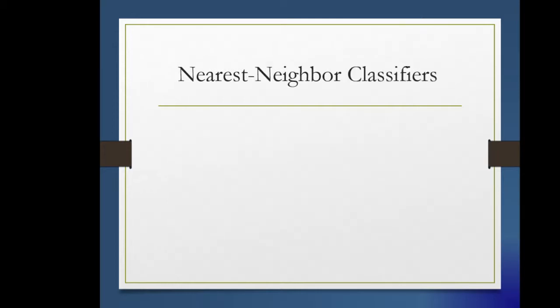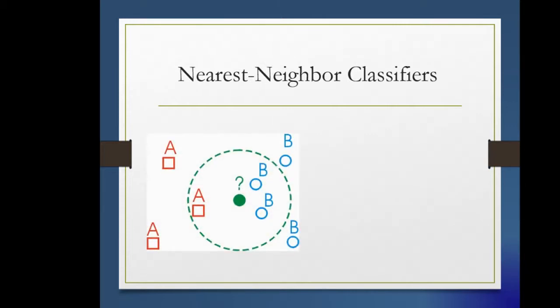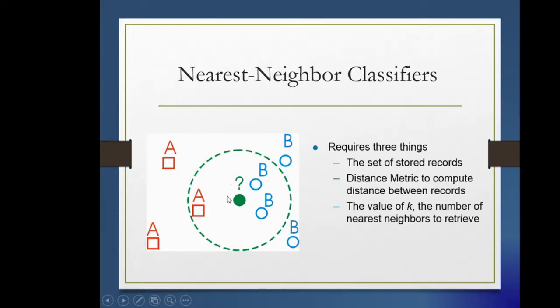How does the K-nearest neighbor classifier work? Let's consider two classes, A and B, and we are given an unknown sample, shown in the diagram as a question mark. What are the requirements in order to perform K-nearest neighbor?